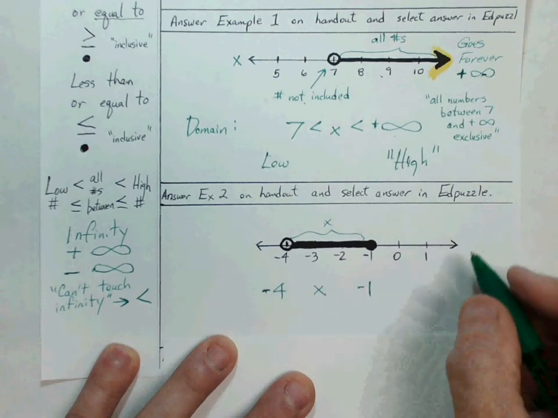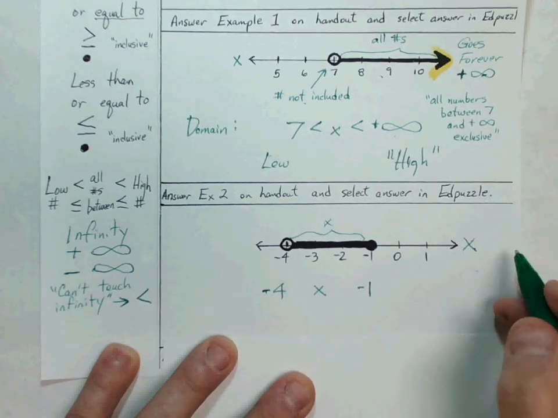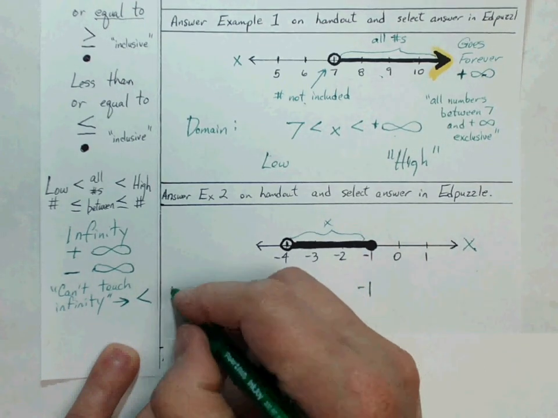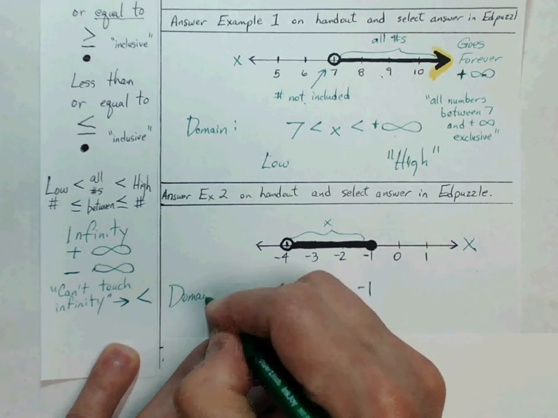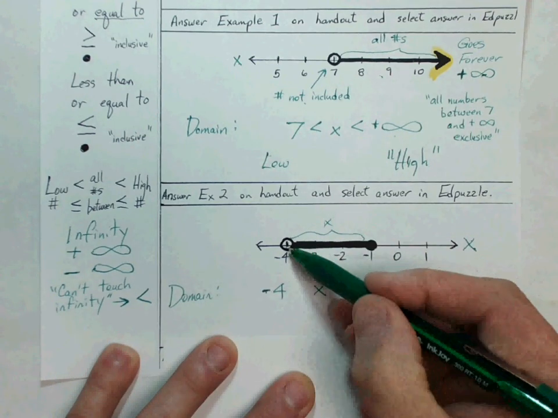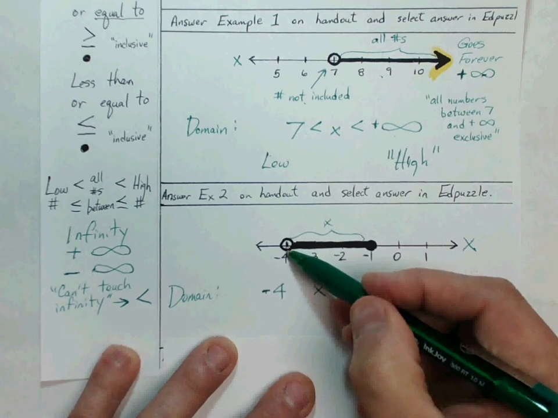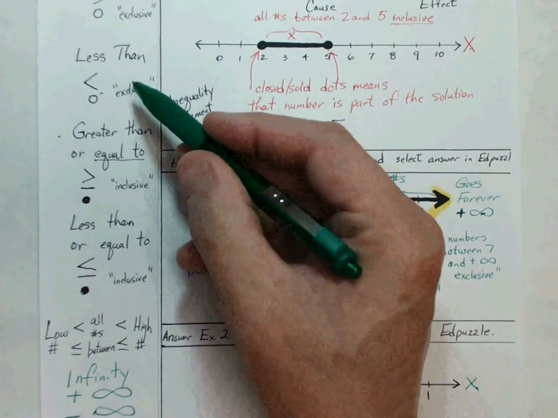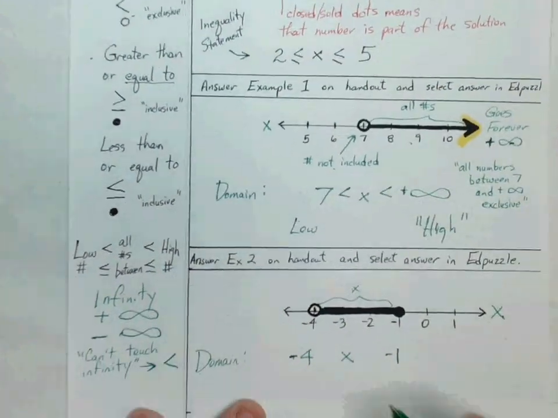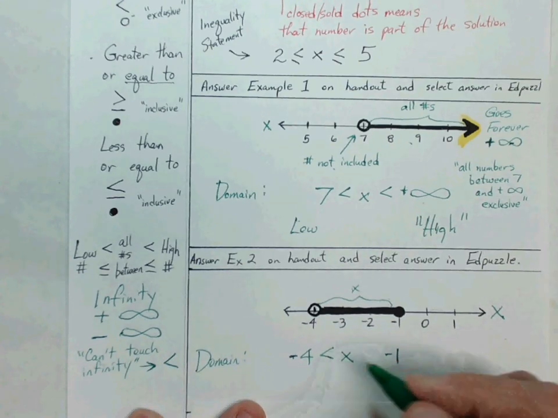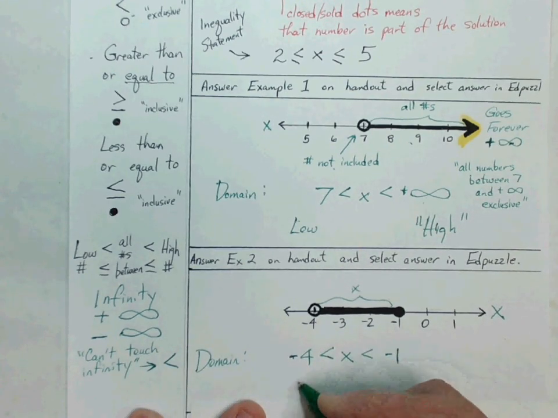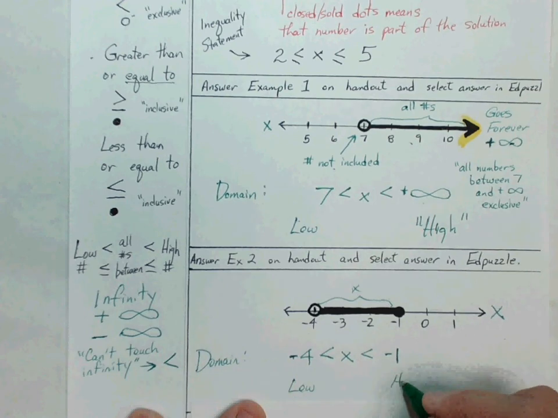So we're going to let x represent that because it's the horizontal axis. Because it's the x, we're finding the domain. And right here with the -4, we have an open dot. Open dot is exclusive, so we're just going to use less than. And we always use less than with the low and high setup.